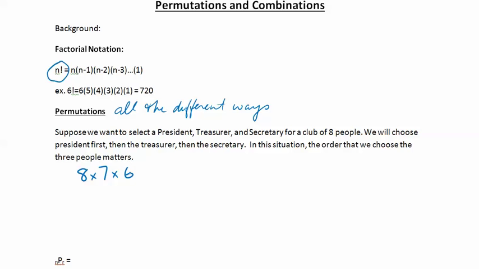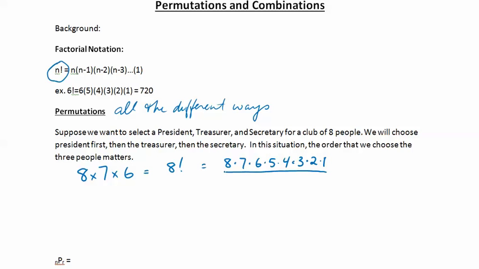Now this is very similar to factorial notation in that it would be the same as 8 factorial, which remember is 8 times 7 times 6, 5, 4, 3, 2, and 1, all being multiplied together.